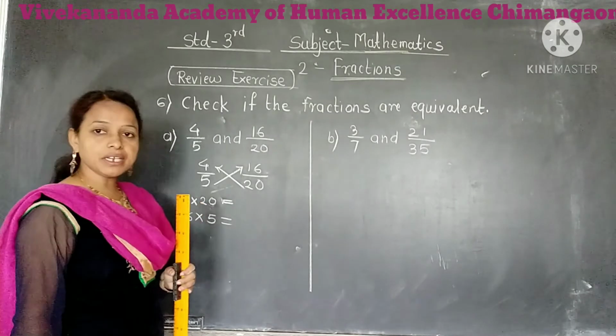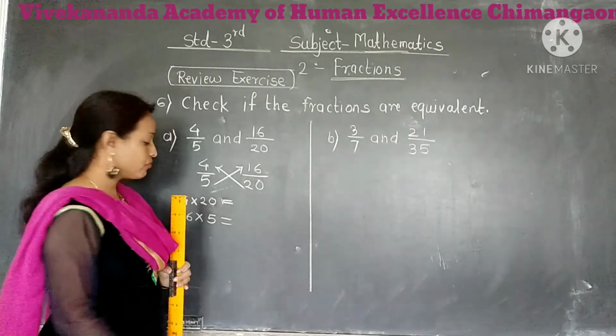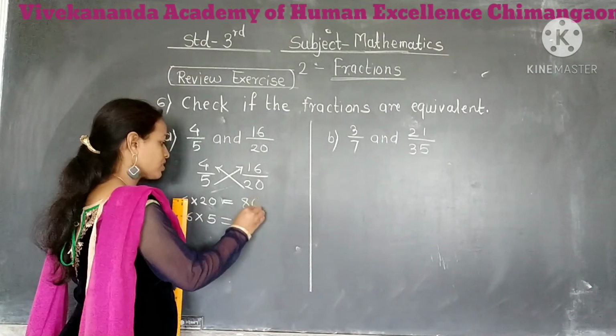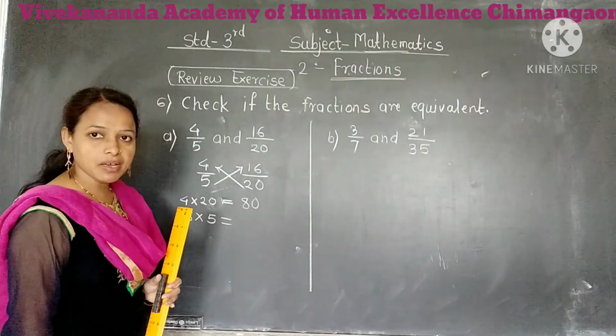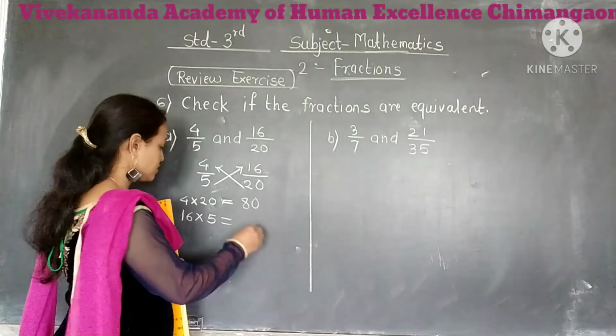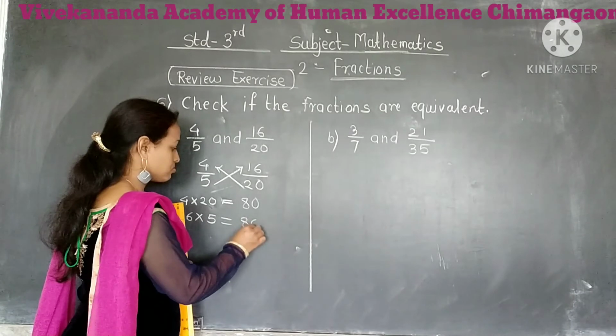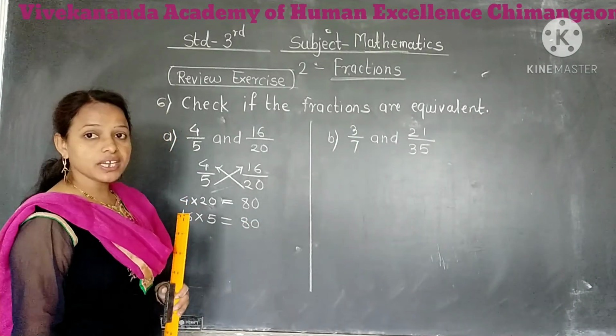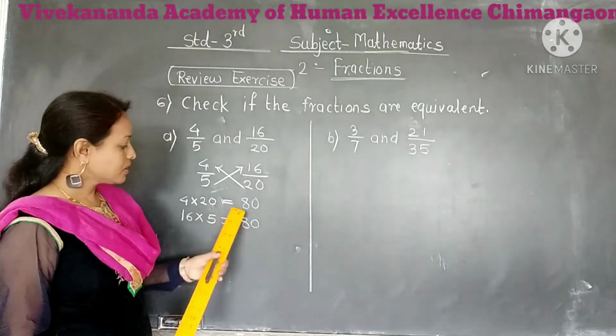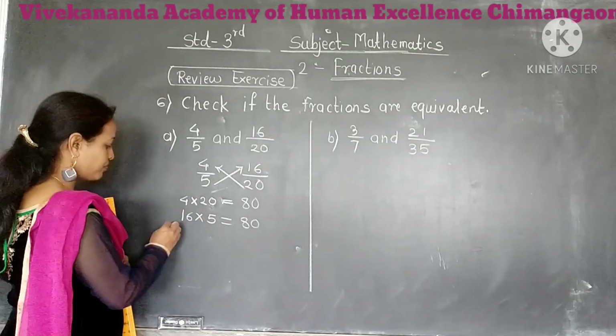Here 20 multiplied by 4: 20 4s are 80. And 16 multiplied by 5: 16 5s are 80. So here we get the product 80. The products are the same.